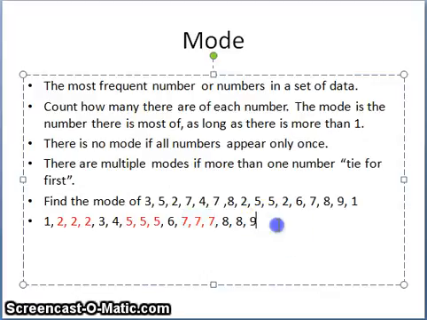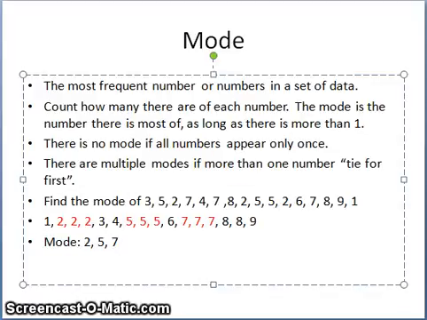There are only 2 8s. So the 2s, 5s, and 7s all have more than the 8s do. So this actually has 3 modes. 2, 5, and 7 are all modes because they all tied for first place as far as how many times they occurred.